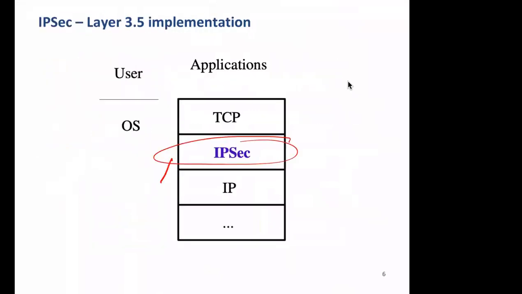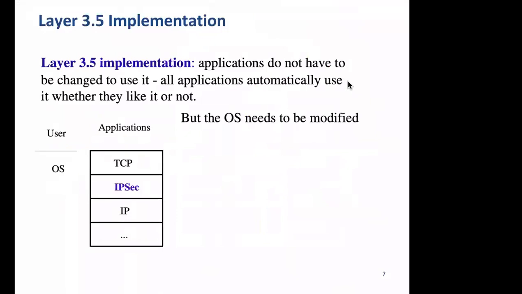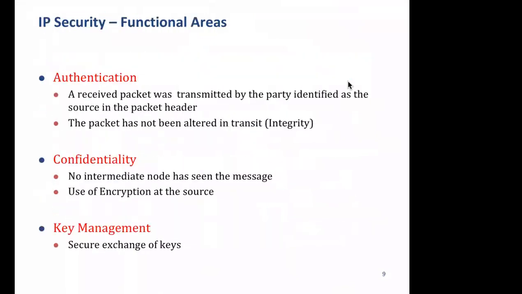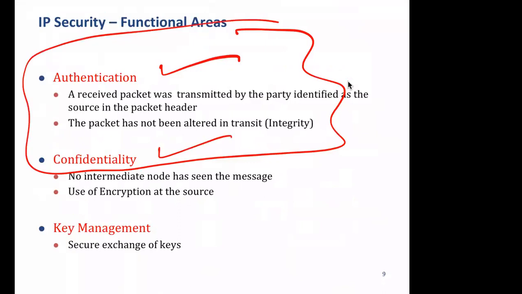Okay, for the application it doesn't matter. All right. So the things that we do are authentication and confidentiality. These are the two functionalities that we try to achieve in any communication over an insecure channel, that is over the internet. Authentication, okay, and confidentiality.